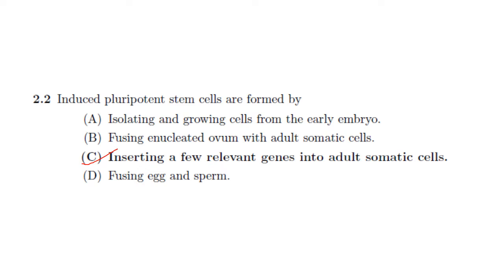Now these pluripotent stem cells can be generated directly from somatic cells. This technology, called induced pluripotent stem cell technology, was pioneered by Shinya Yamanaka, who showed in 2006 that introduction of 4 specific genes known as Yamanaka factors, which encode transcription factors, could convert somatic cells into pluripotent stem cells.